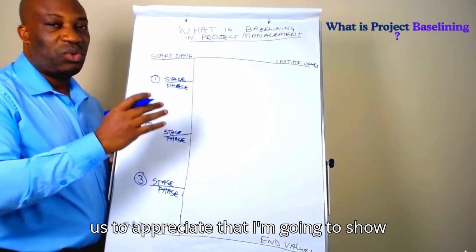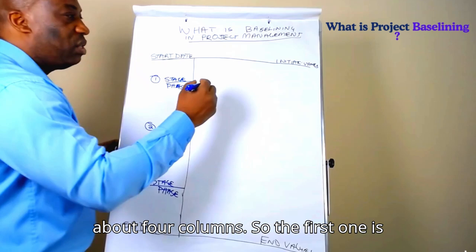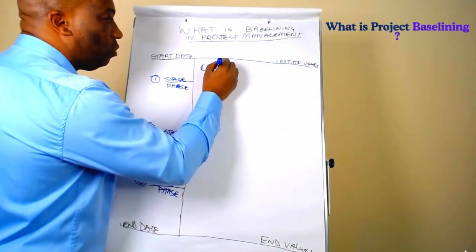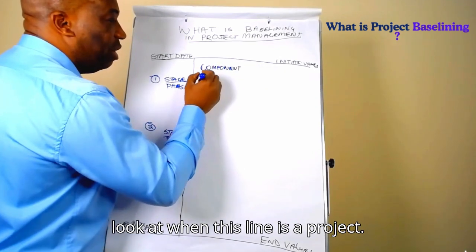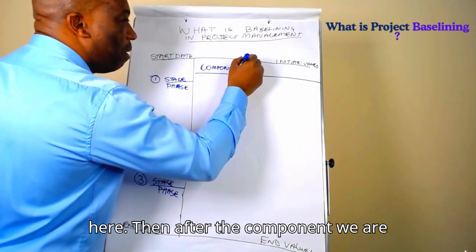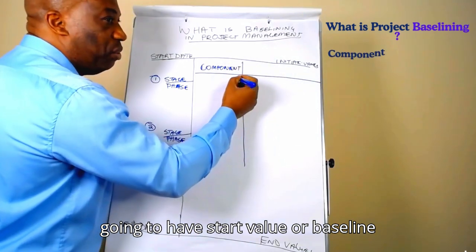For us to appreciate that, I'm going to show about 4 columns. The first one is going to be the component that we are going to look at when baselining a project. After the component, we're going to have the start value or baseline value.